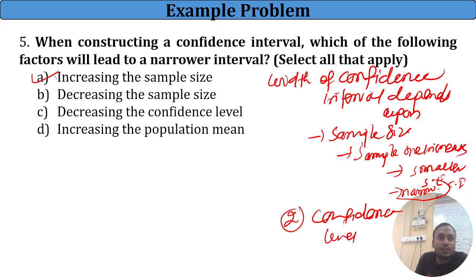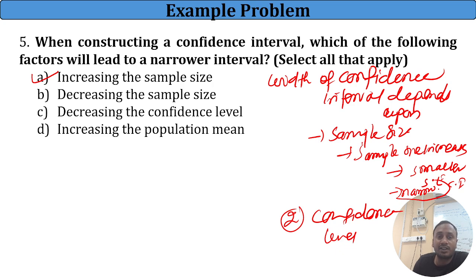So the first option, decrease the sample size, will make the confidence interval wider, because the standard error will increase. Then decreasing the confidence level: there is a difference between the confidence level and the confidence interval.